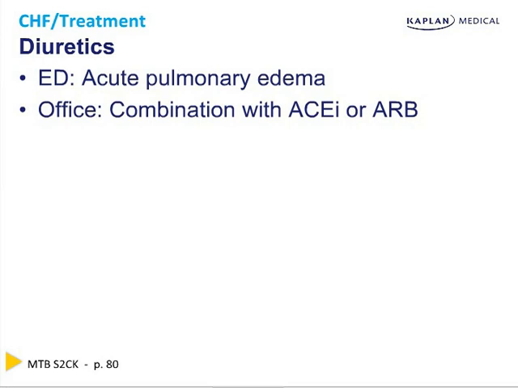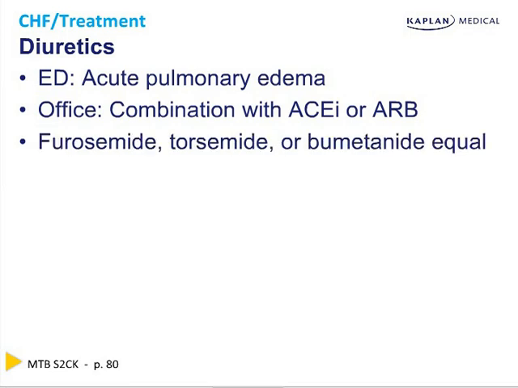We use them in combination with beta blockers, ACE and ARBs, in the routine management of outpatient congestive heart failure, as long as we understand that this is not doing them any benefit, except simply it's symptomatic control, and that's a pretty good thing to have symptomatic control. Furosemide, torsemide, bumetanide are all equal.